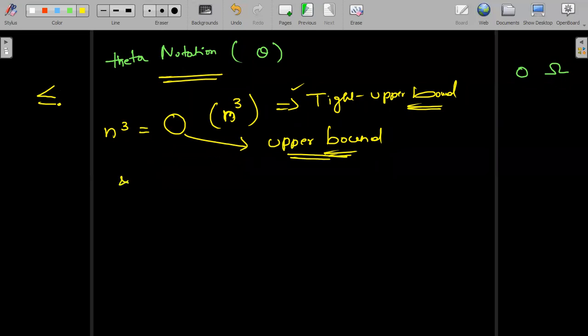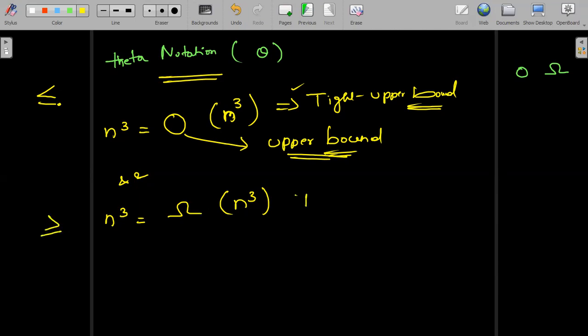And see here, n cube is equal to omega of n cube. So here also it's the same thing. Now this is a tight lower bound. What is that? Basically greater than or equal to.